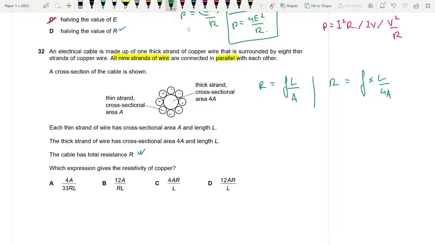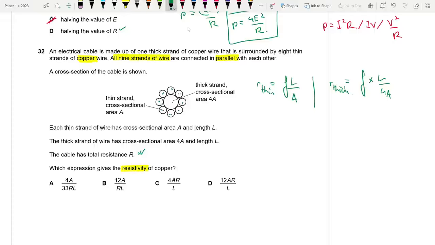The cable has a total resistance of R, all of it combined. So this is the resistance of the thin one, this is the resistance of the thick one. They are made up of the same material, basically copper. As a result, their resistivity rho is the same for all of them.